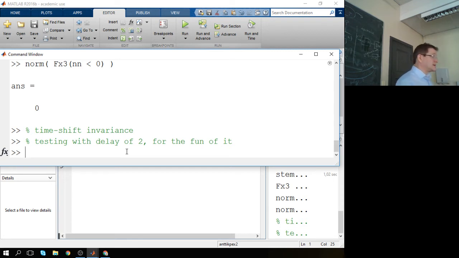There we need the terms A and B. I'll call this one, just for fun, HH equals 0, 0, 1. That's the system coefficients for x of n minus k, that part.